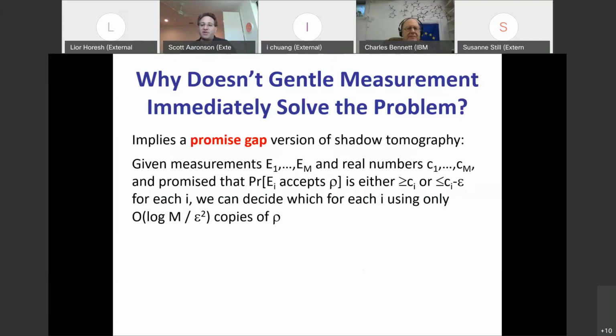Okay, if we try that, then we will be able to prove a shadow tomography theorem, but only for a promise gap version of the problem. Meaning if we have our M measurements that we care about, say E1 up to EM, and let's say we have some real numbers, C1 up to CM.